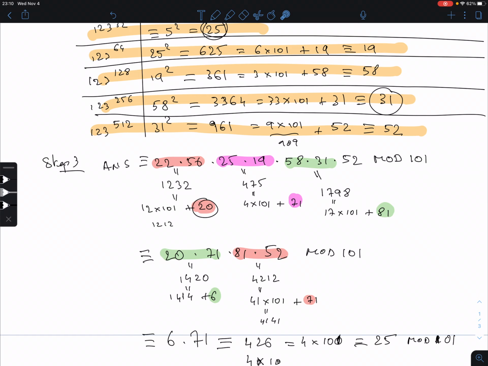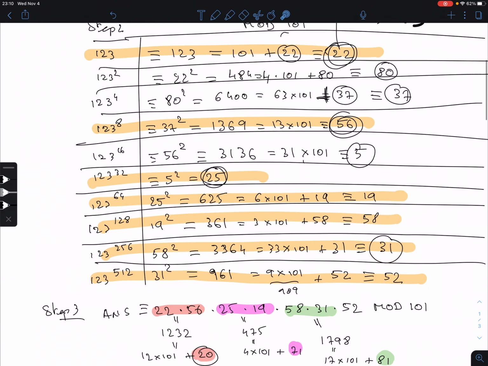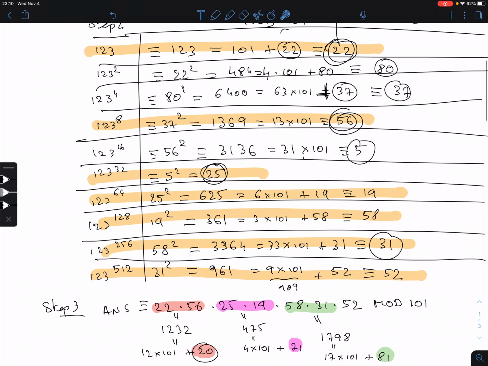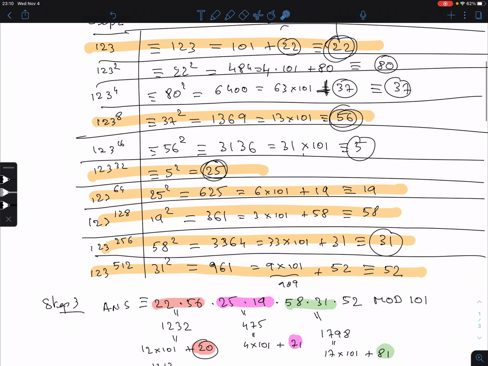And then 58 times 31. 1798. That is 1717. Yeah, I think this is also correct. So what did I do wrong then? 20 times 71 and 81 times 52. I didn't copy anything wrong, right? 22, 56, 25, 19, 58, 31 and 52.